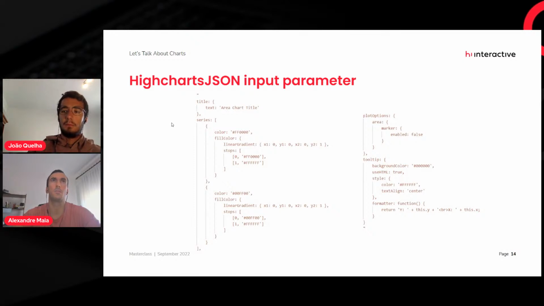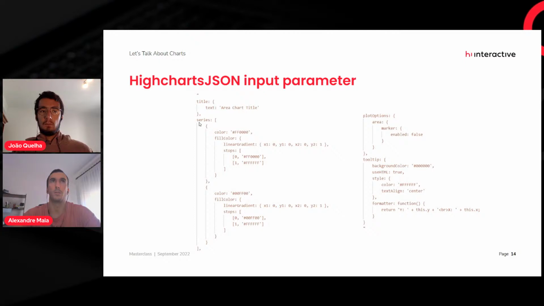And it is just a bunch of key property values. So here you have the property title, and then inside of that property you have an object, and you have the property text, and then you have the content. So you're saying that the title of this chart will be array chart title.